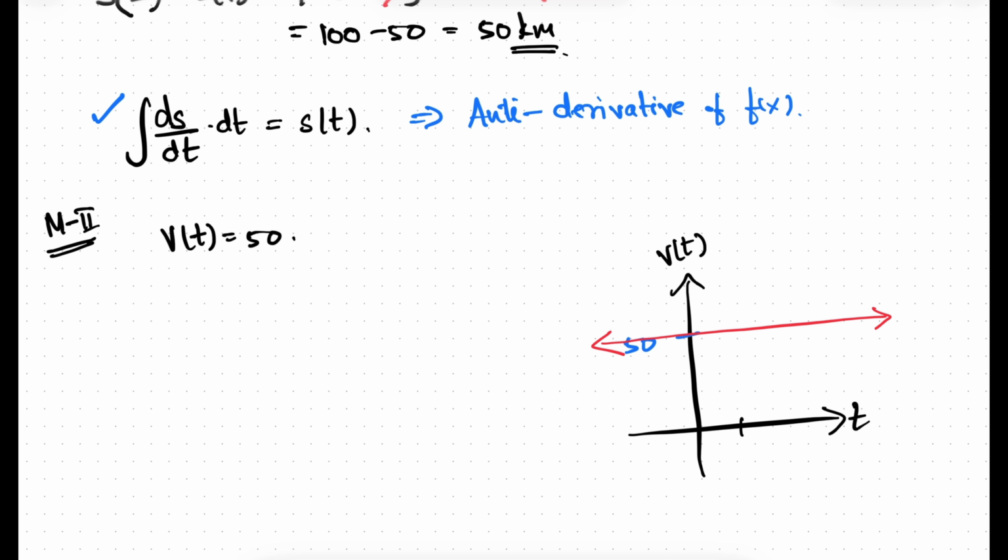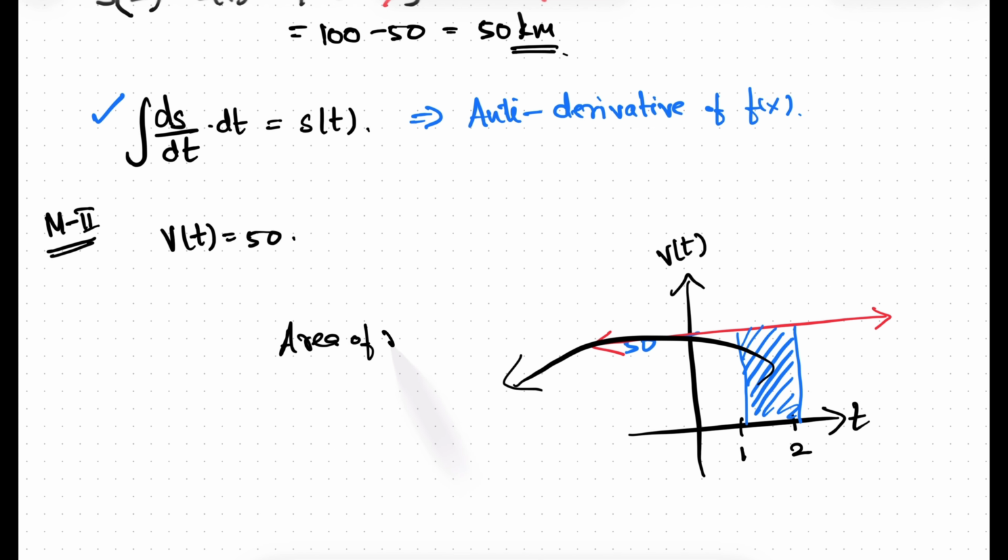Between 1 and 2 p.m., we'll have 1 p.m. here and 2 p.m. over here. Now I can find the area below this graph between 1 and 2. This is simply the area of a rectangle, which is length times breadth. Your length is 50 and your breadth is simply 1, so I can write 50 times 1, which is 50 kilometers.